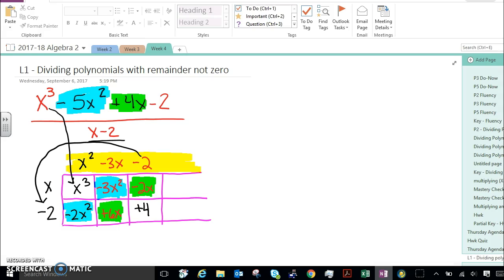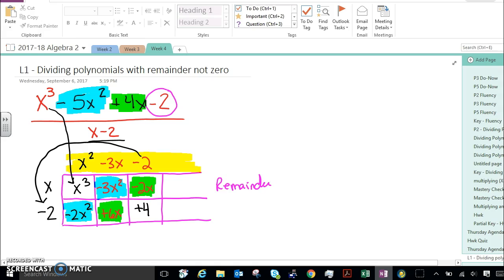Well, what we were supposed to have is negative 2. There's no way to get a 4 times x, but what I can do is this is where my remainder comes in.